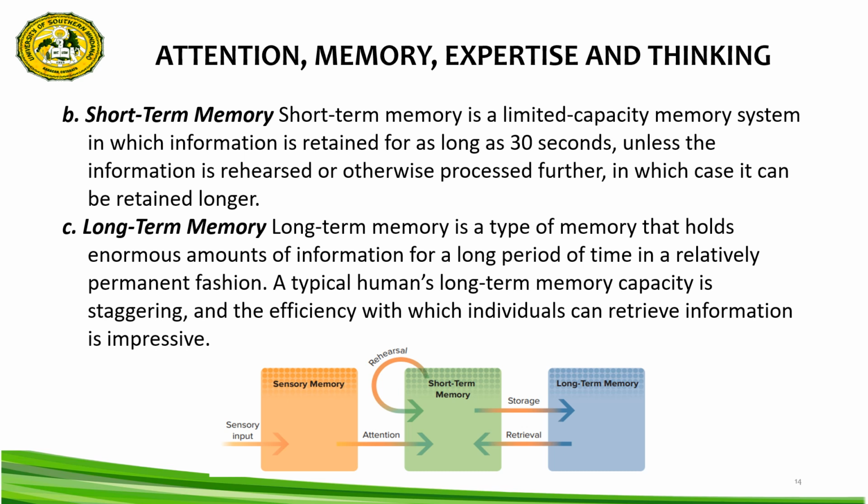Then, later on, it will be transferred to our short-term memory, which we defined as retaining information for only as long as 30 seconds. But if this information is processed or rehearsed, it will be stored in our long-term memory.